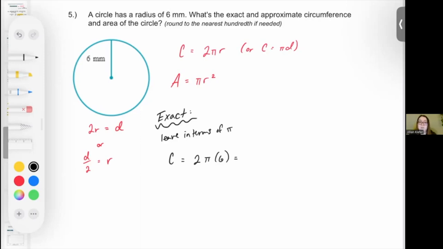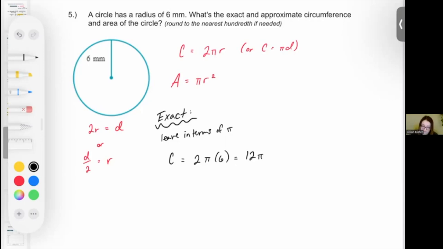We can simplify this by multiplying the 2 and 6 together, and this gives us 12 pi. And we leave it like that. That's what exact means, leaving it in terms of pi. This is exactly correct. There are no roundings that would approximate the area.